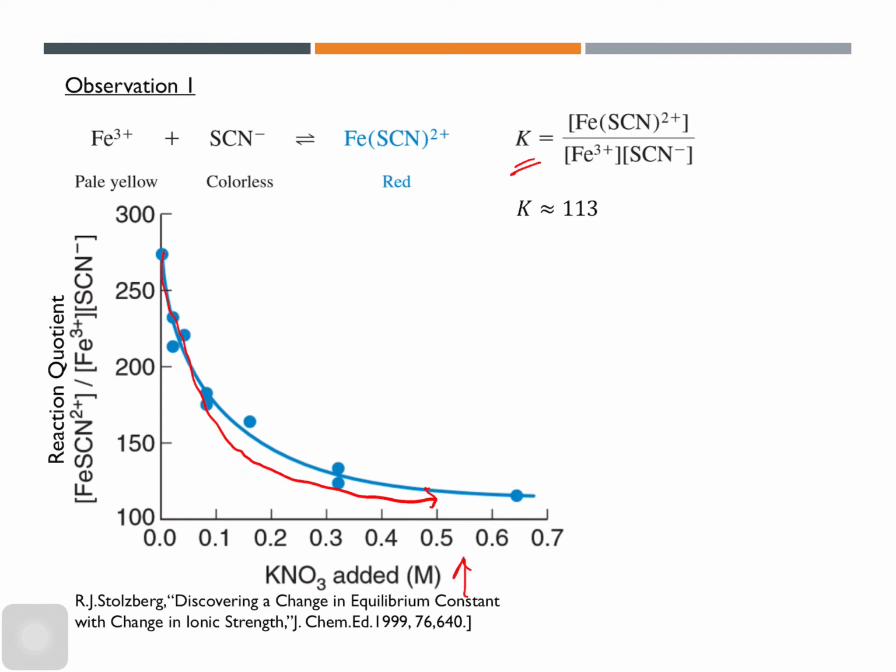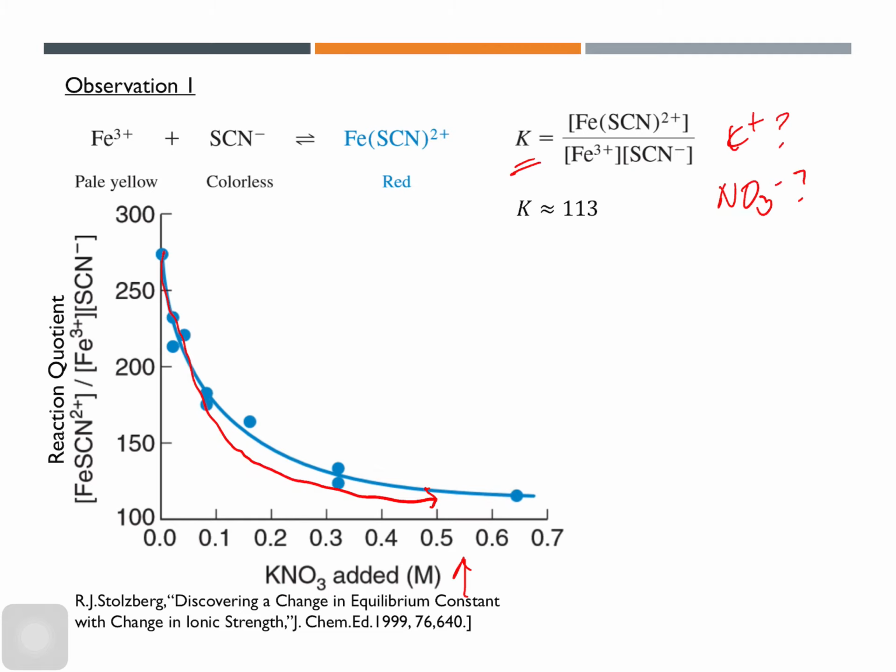Diverse ions are ions that are not in the equilibrium system, because we cannot see potassium ions or nitrate ions here. That means when we added diverse ions, the equilibrium constant or the reaction quotient is still affected. But why? We still don't know the answer yet.